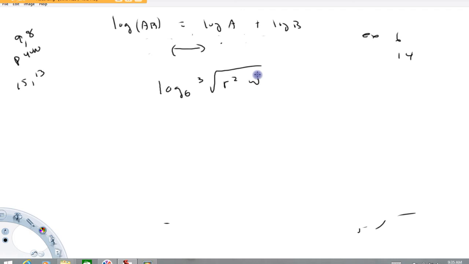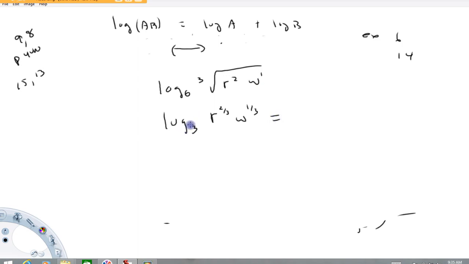That's exactly the directions on your test. Write the logarithm in expanded form. First of all, let's deal with this. This 3 out front means cubed root. So if I apply that to these, that's r to the 2/3, w to the 1/3, because this w here, it's not written, but it's w to the power of 1.